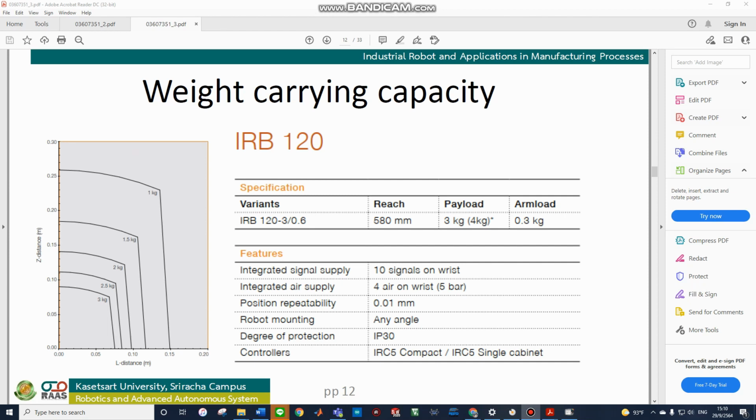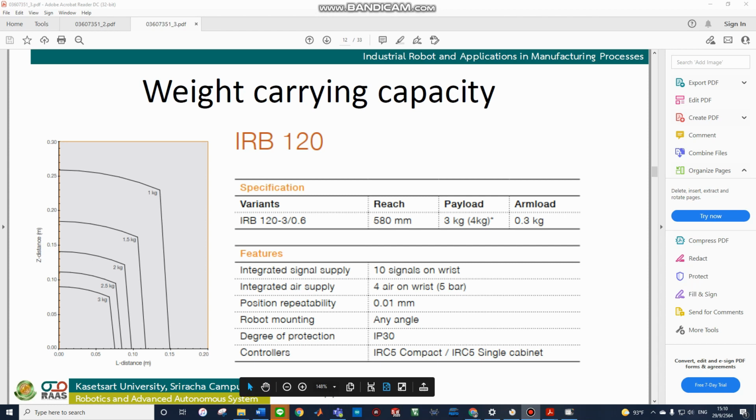About weight carrying capacity, ABB 120 specification. The wrist reach payload and arm load are 3 kg and 0.3 kg.